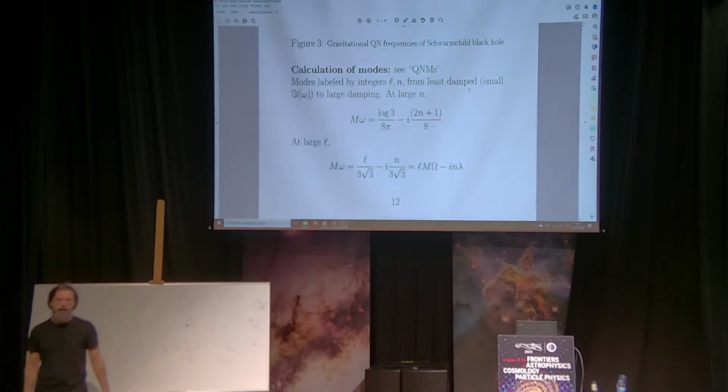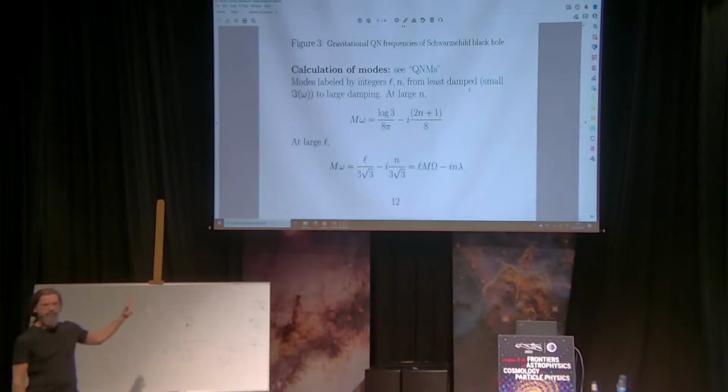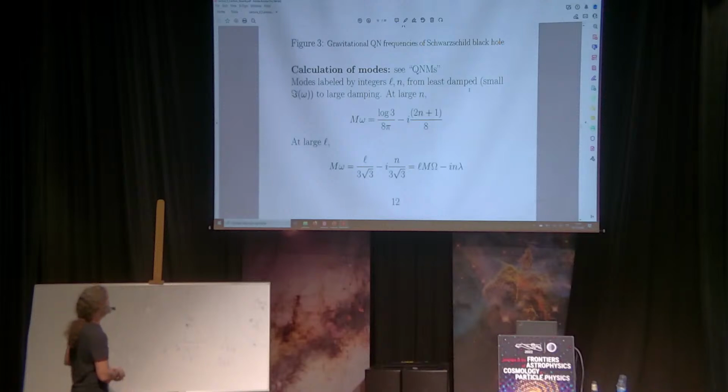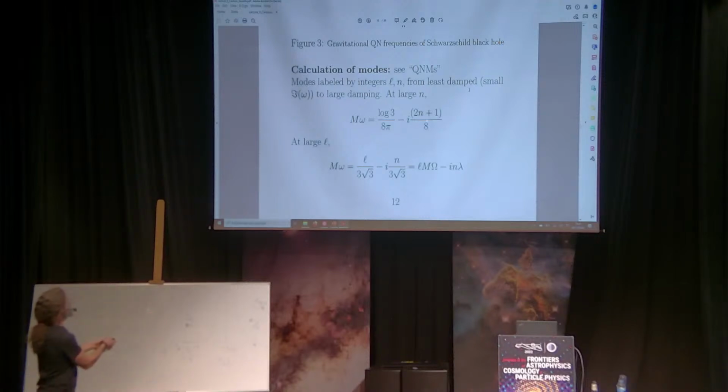Log 3 over 8 pi. Bekenstein was really thrilled with this asymptotic behavior. He thought it was related to black hole quantization properties. And then an integer, which gives you the infinite family of solutions. Now, these modes really are not relevant for LIGO because the imaginary part is so large they die off immediately.